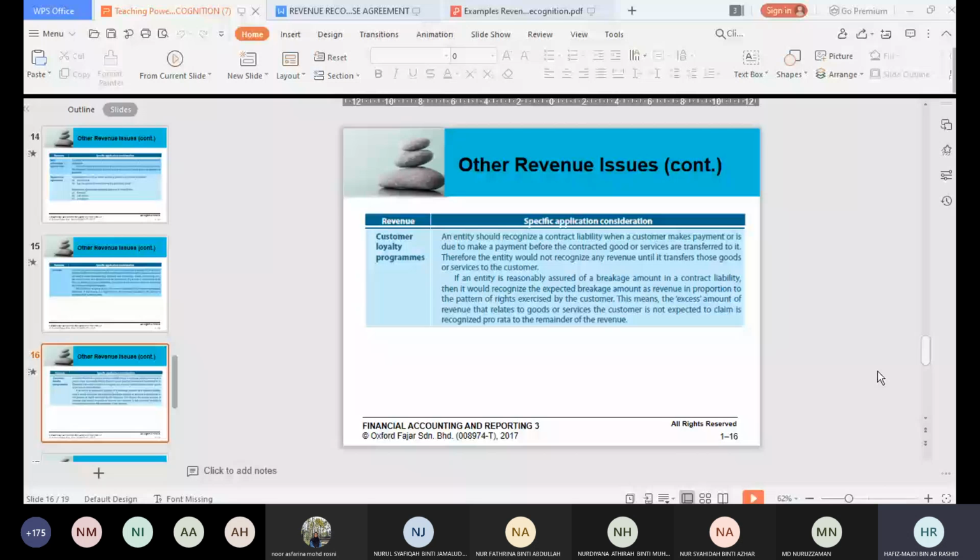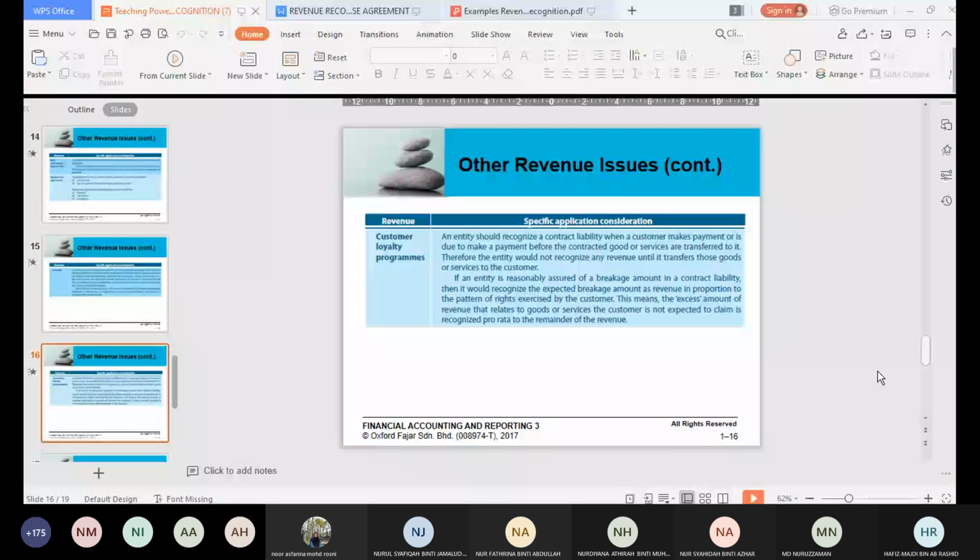The initial price might be 60 ringgit per month. When you complete the first year of the contract, you can renew for another year at the price of 40 ringgit per month. That means you can get a reduced price for the telecommunication services. This is an issue of material rights.